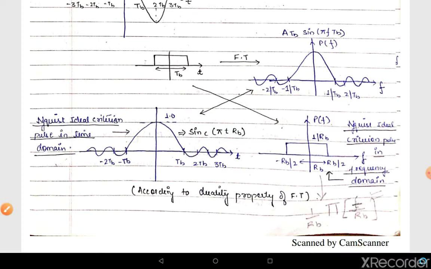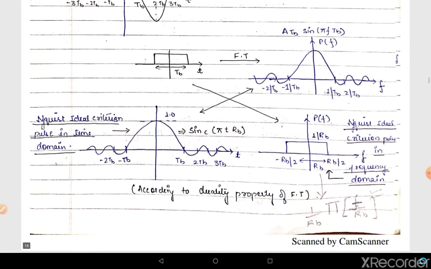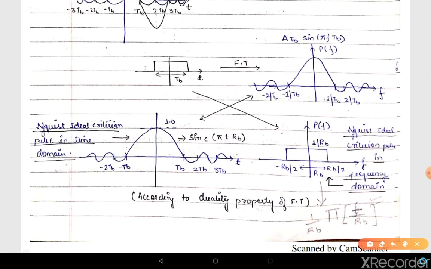In other words, what I have done is I have chosen a pulse P(f) to be a band limited pulse of the bandwidth RB by 2. It has its inverse Fourier transform, that is this pulse.